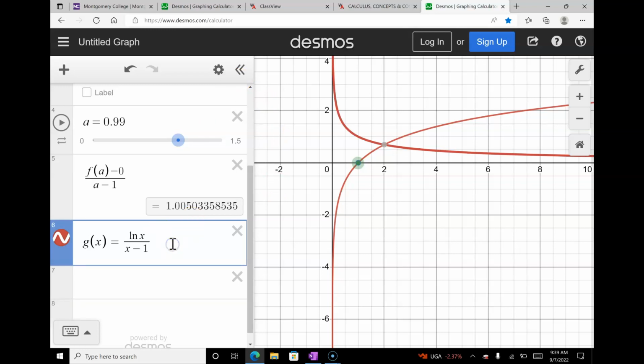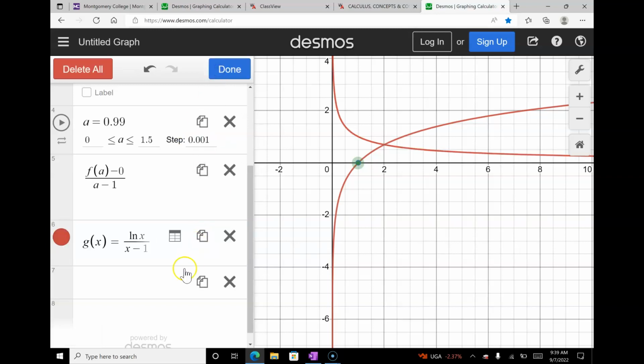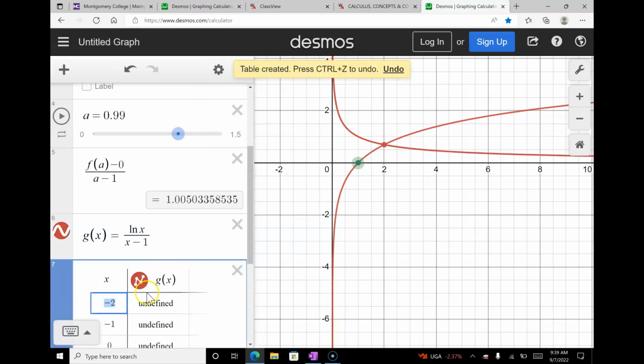Everybody have that function written in? I had it at f of a over a minus 1, but this will allow me to do the table. I finally, with Autumn's help, figured out what I can do to get the gear to work here. So I go to the gear, I go to the table, and I'm putting in the values.